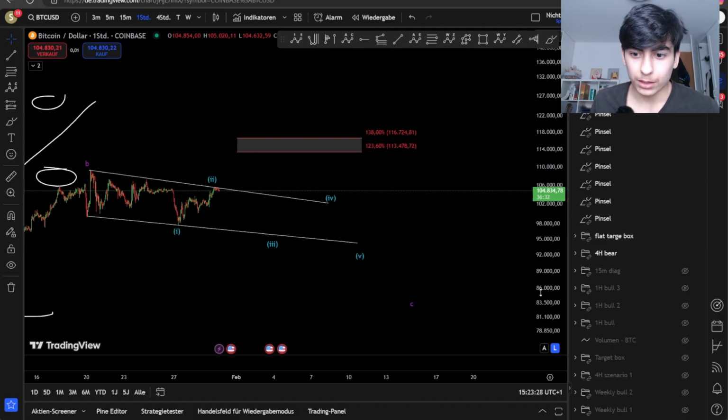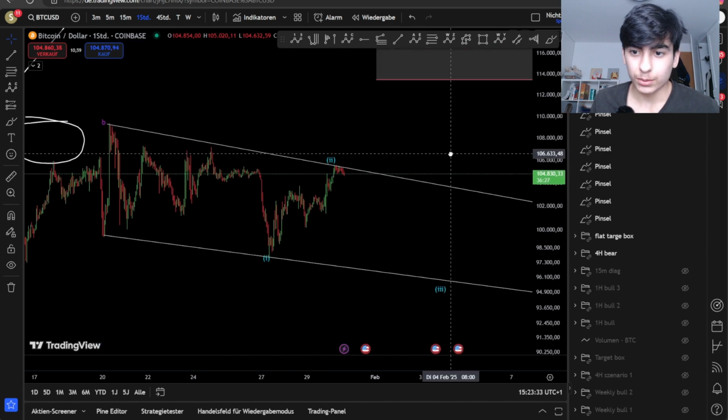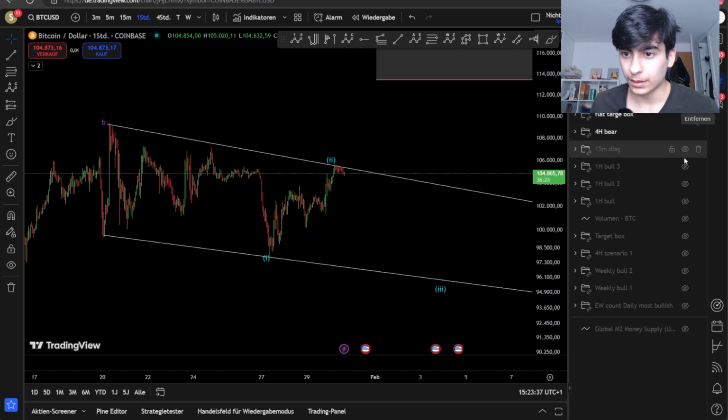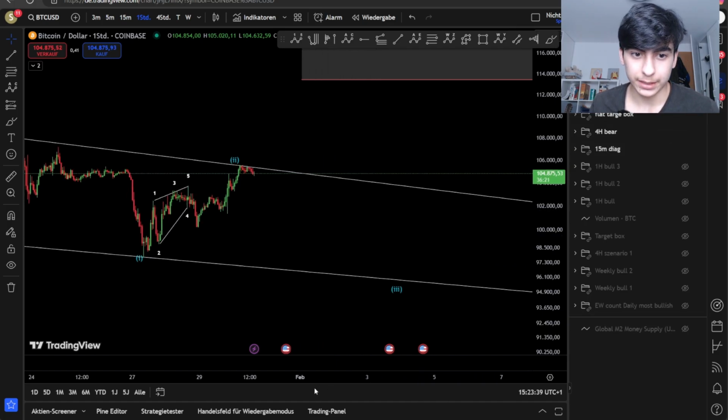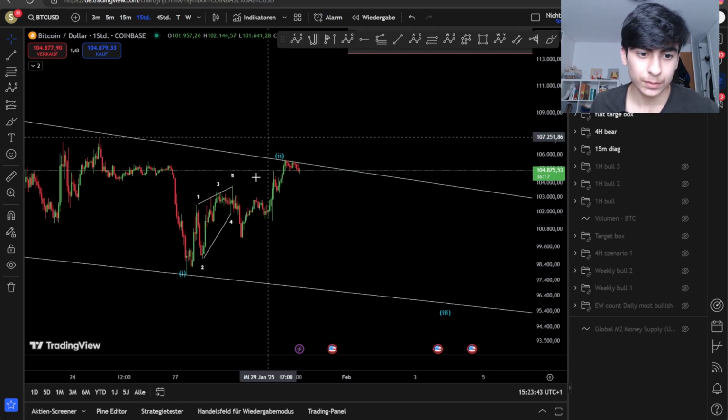So if we then go onto lower time frames, for us to count this as an impulse, right, we can count this. Let's remove all of this here. Let's see this. We have here this diagonal. So we can count it as a wave 1, right?